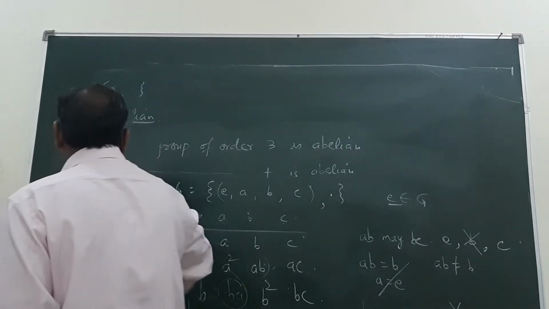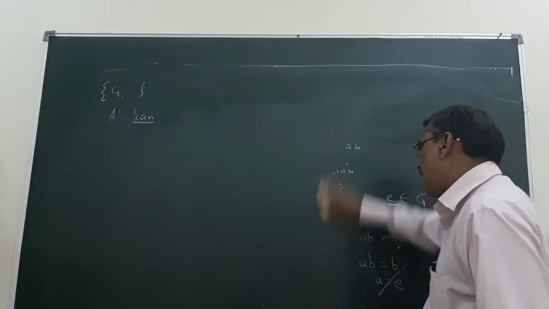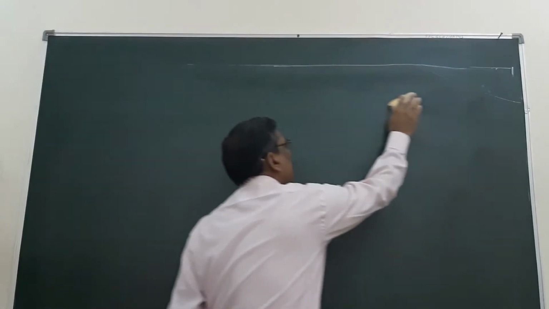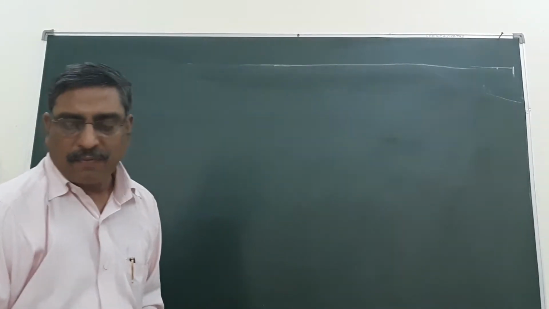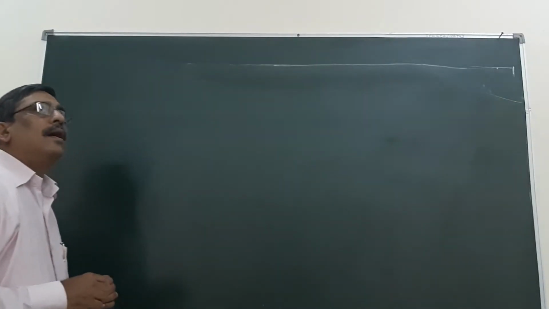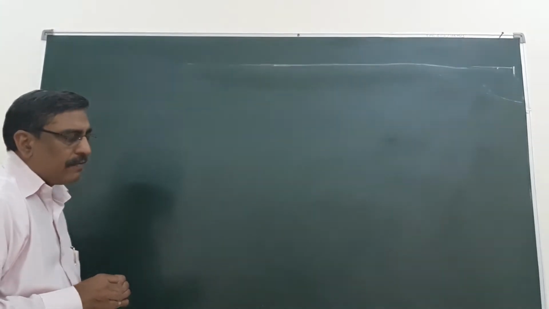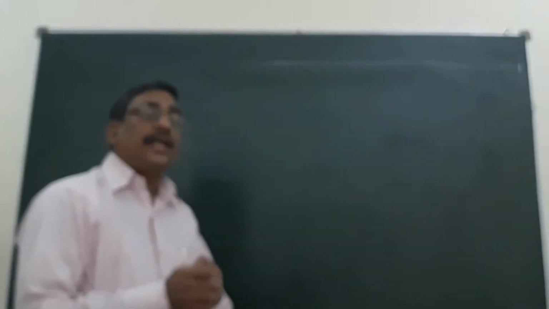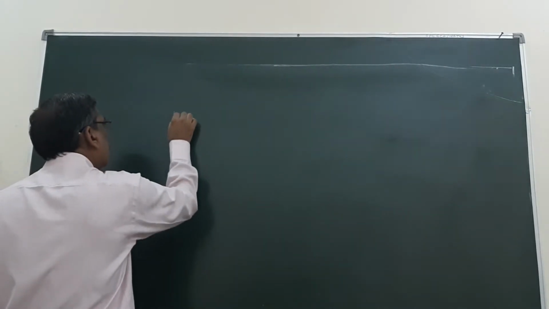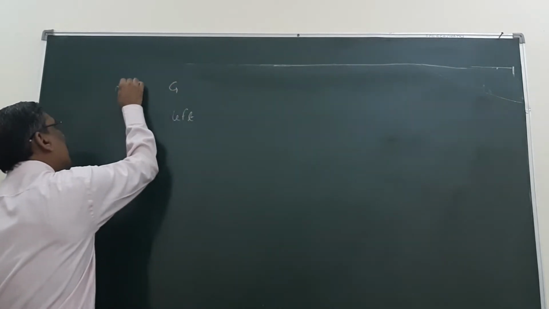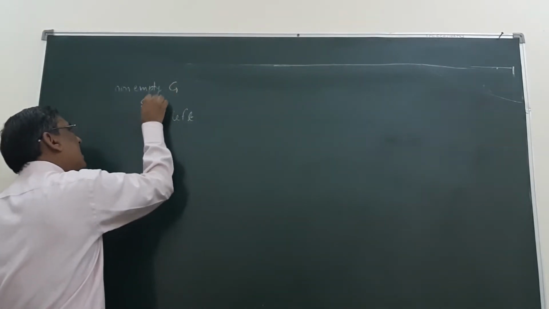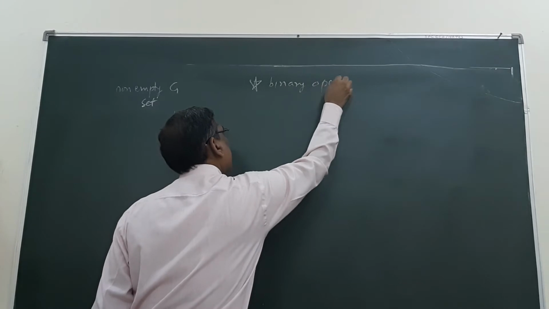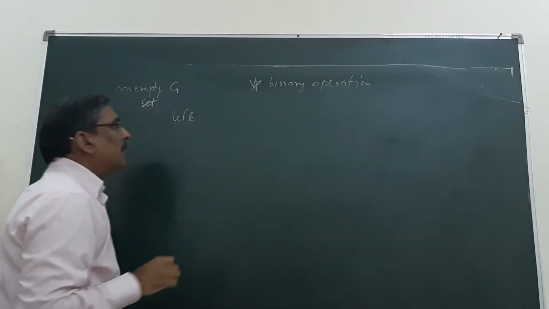Now, initially when I defined the left identity, left inverse, right identity, right inverse, I simply defined them, but today I am giving examples of them. If a left identity exists for a non-empty set along with a binary operation, it does not mean that a right identity exists. Take a non-empty set G and binary operation star.